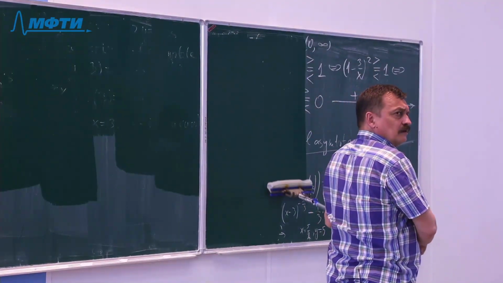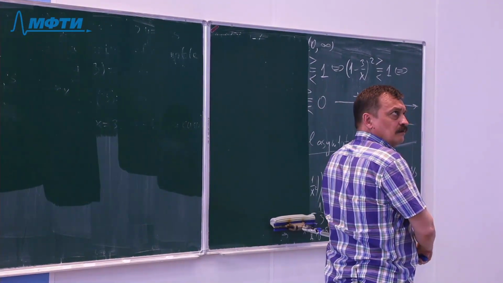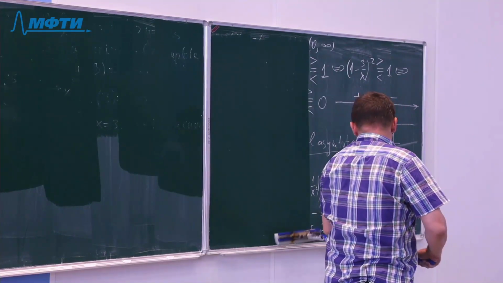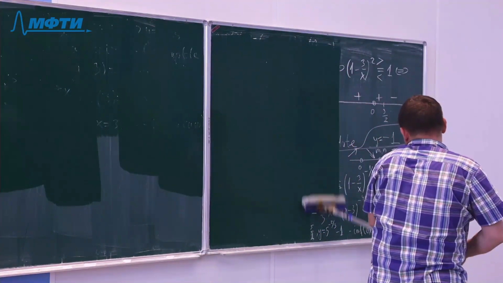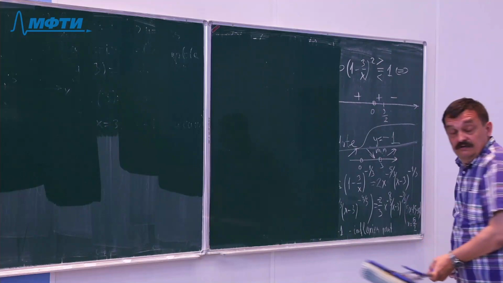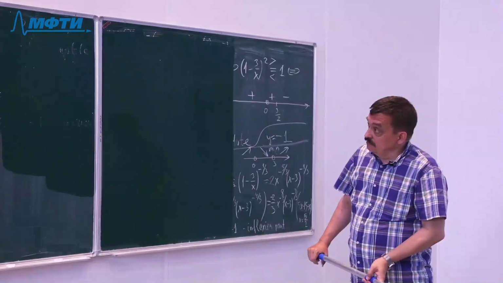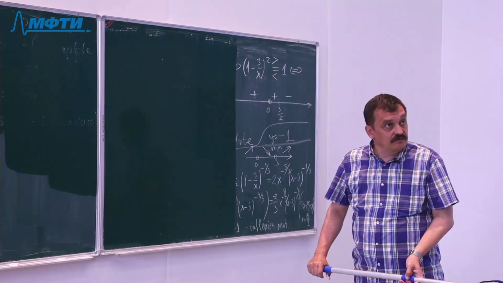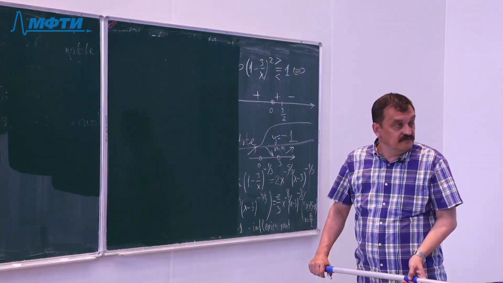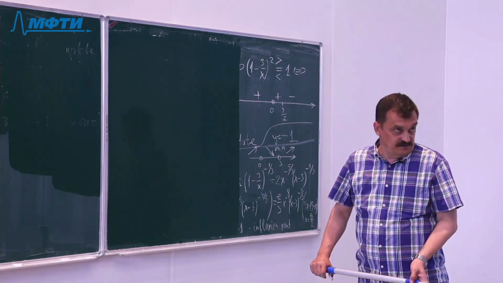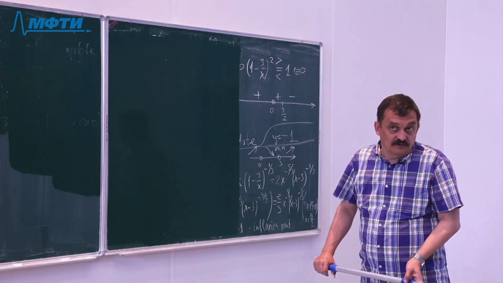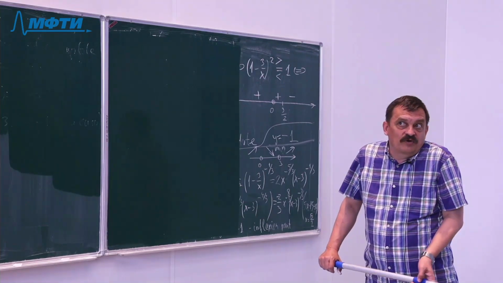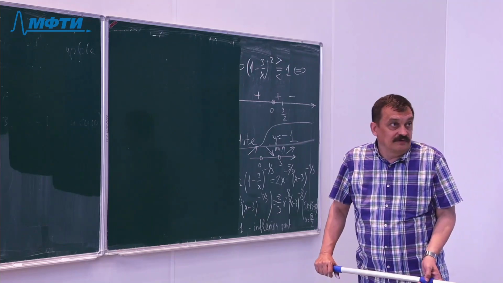Sorry? You see, yeah, the main thing is about maximum and minimum points, inflection points, and asymptotes, of course. More points may help you, may not, by the way.